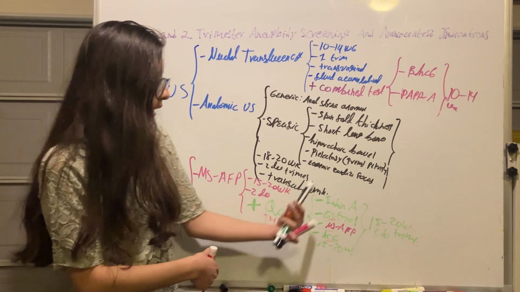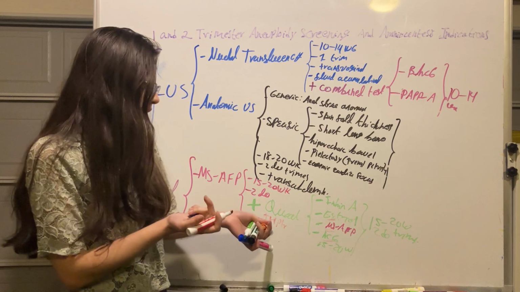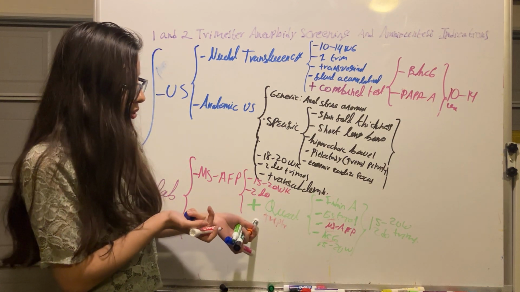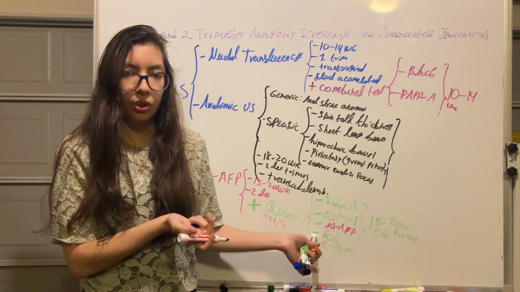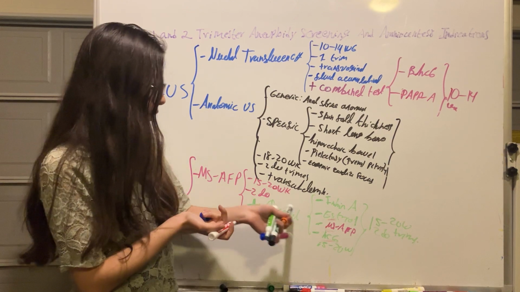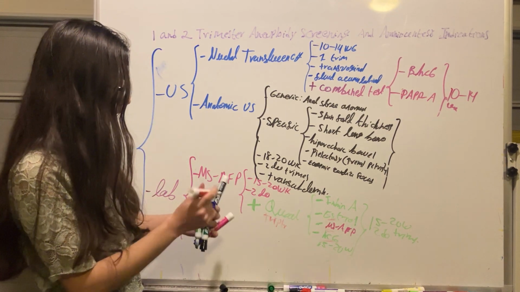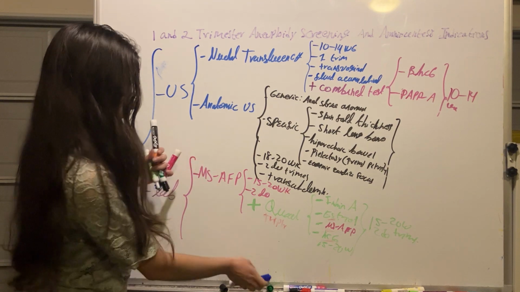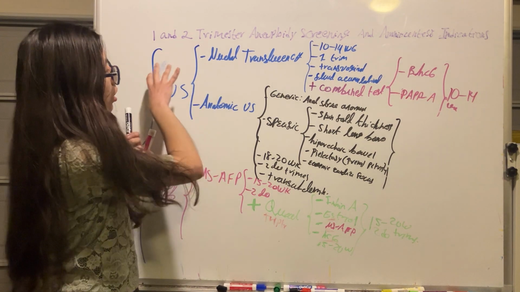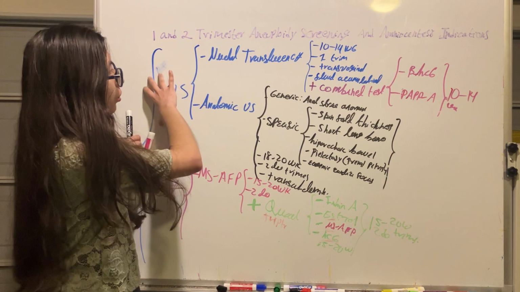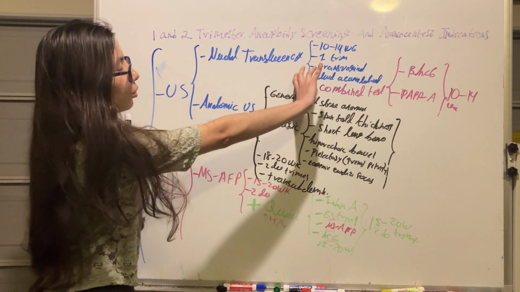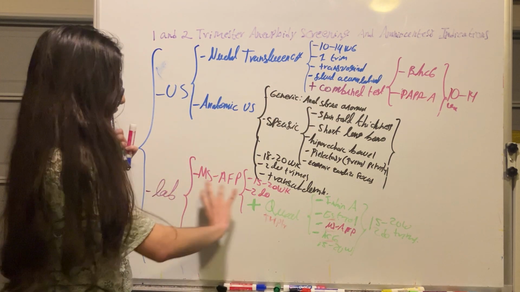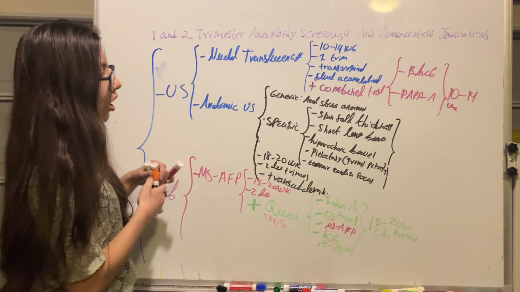But then we add inhibin A, and so now most of the times we do not do triple screening test, we now do the quadruple screen test. So we have the ultrasound to evaluate for aneuploidy and lab test to evaluate for aneuploidy.